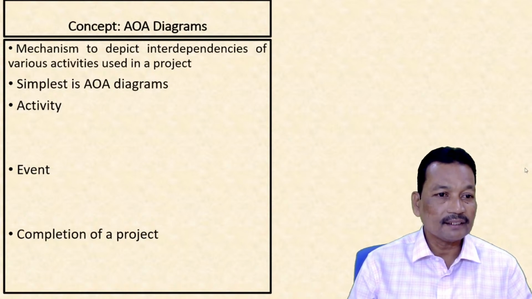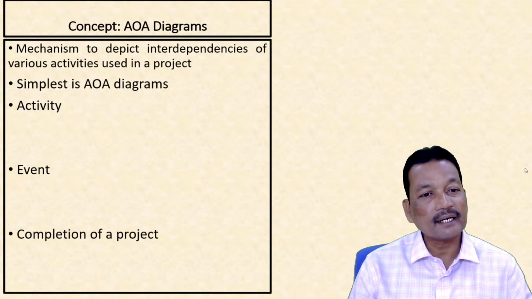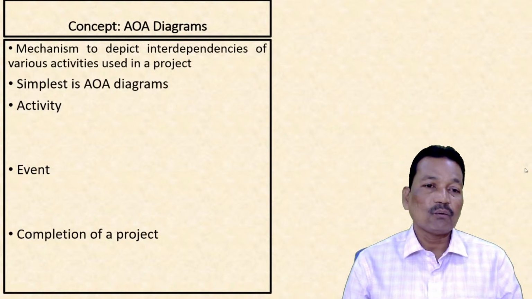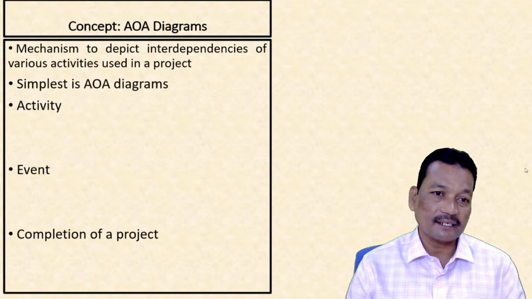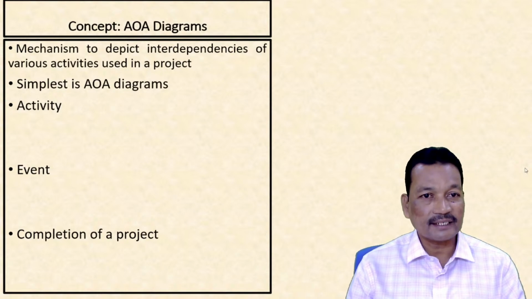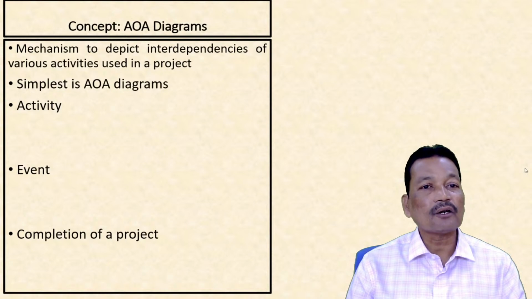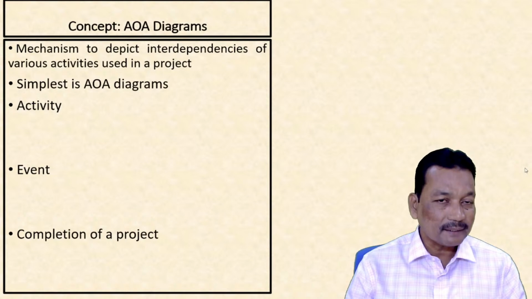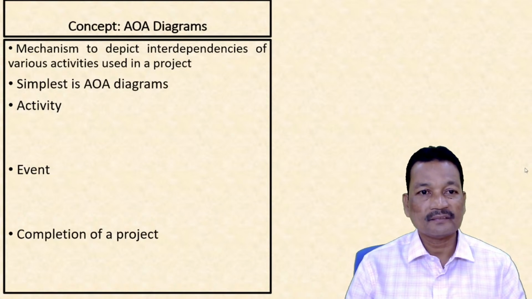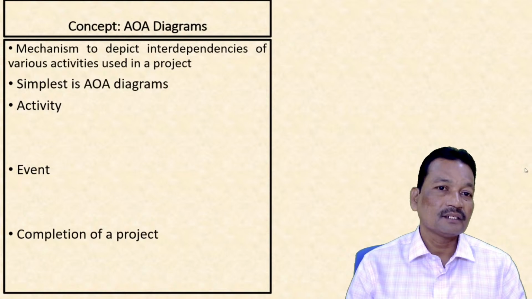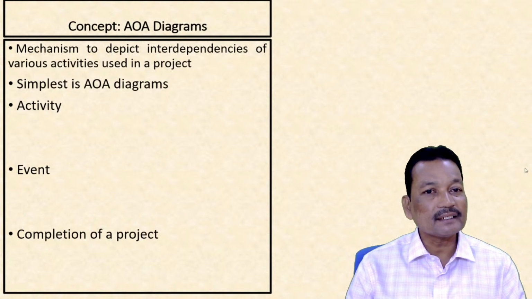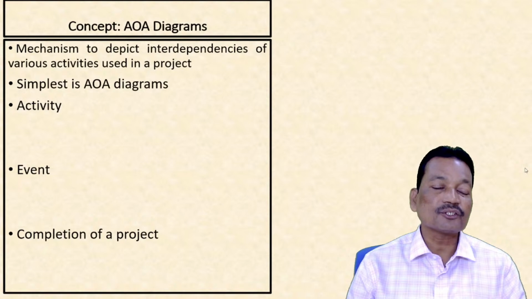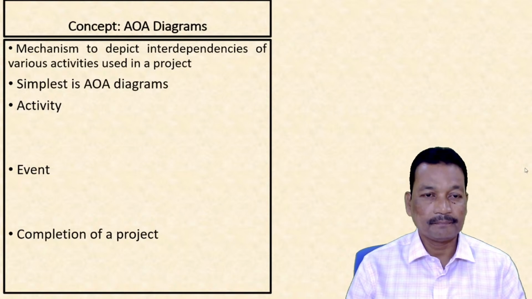As we said, it is the simplest AOA diagram. What is that AOA diagram? AOA stands for activity on arrows. Activities are the work being implemented in the project. Usually, activities are shown as arrows on a network diagram.